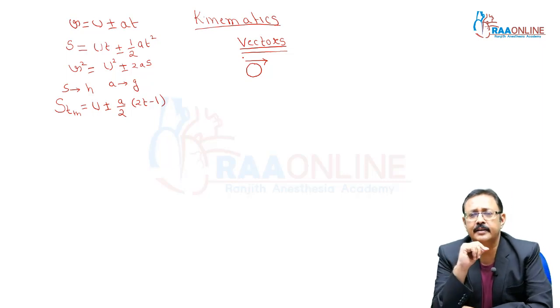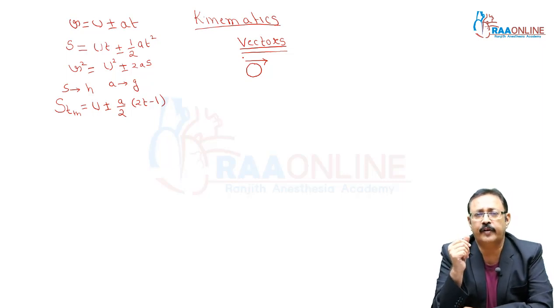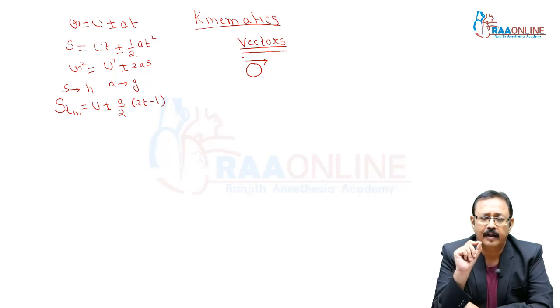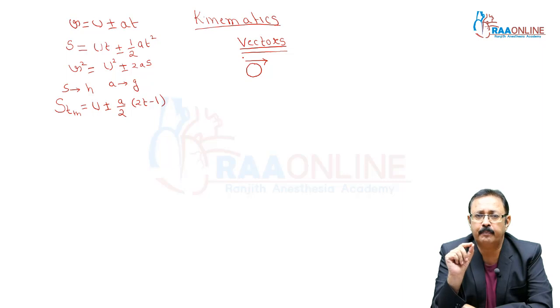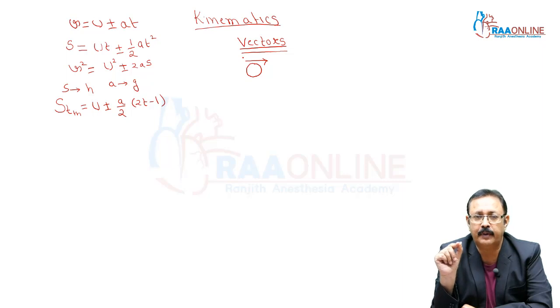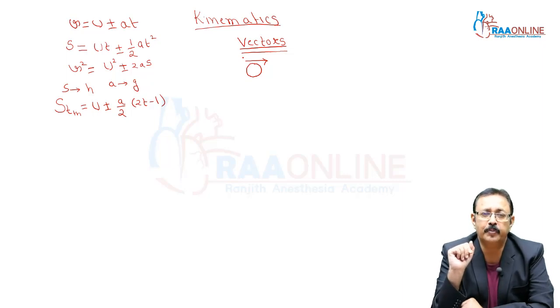Then what is the significance of this zero vector if it has no magnitude? See, if I subtract 5 apples from 5 apples, what should be your answer?